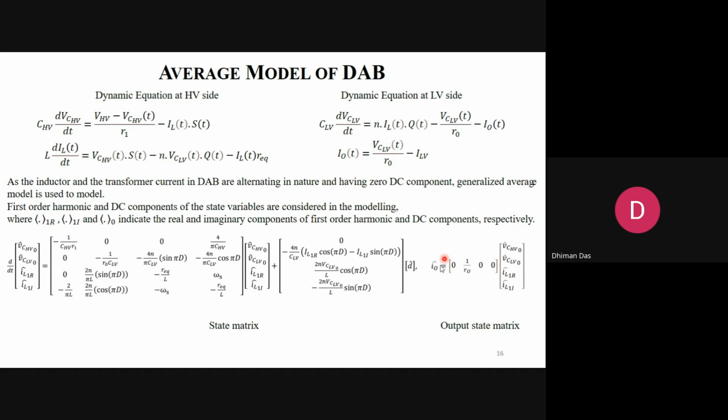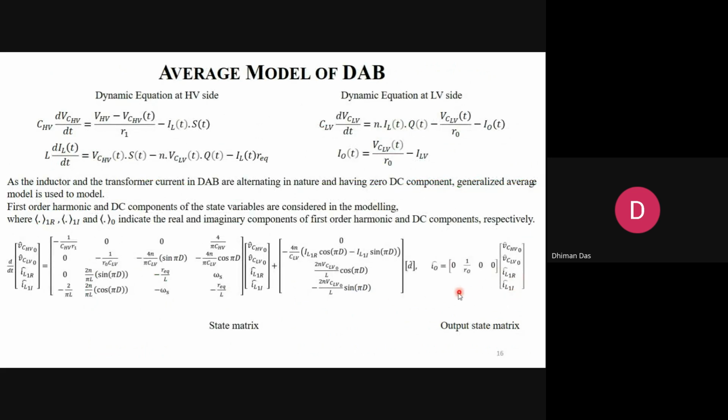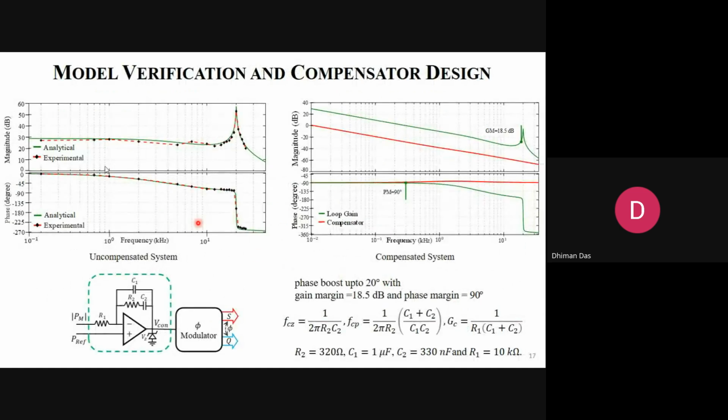Your output matrix is I naught, which is the output current. So from there you can calculate the control to output transfer function. Your output is current and the control variable is phi. Then you can plot the control to output transfer function through MATLAB or any kind of mathematical tool, and you can have this Bode diagram here.